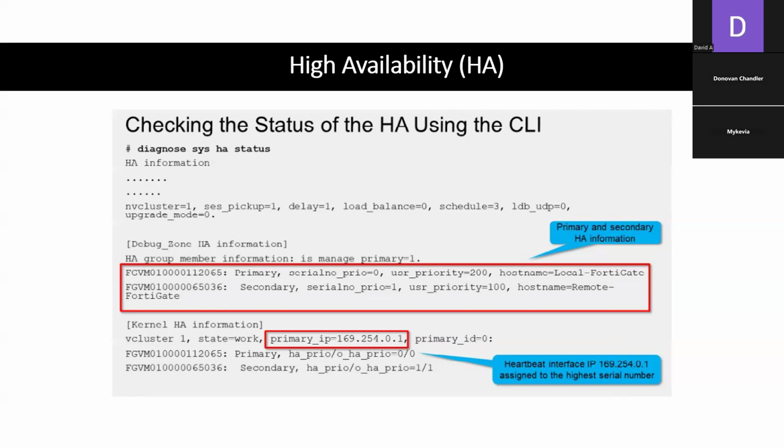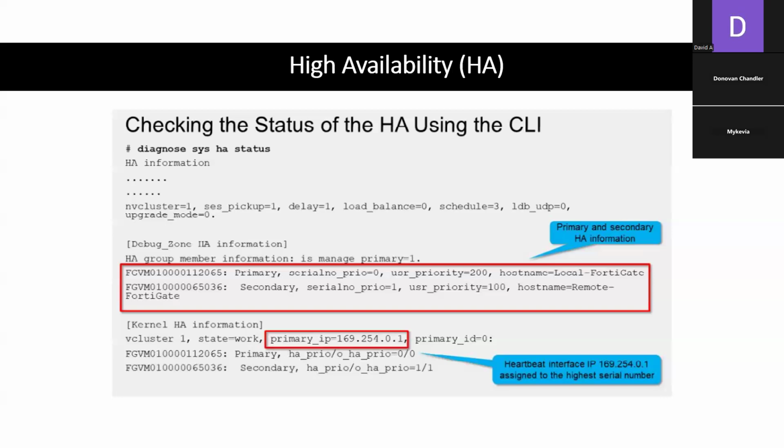A couple of things you would only see in the CLI and not the GUI: of course, we have the serial number, and we have the priority. We have two different priorities: the serial number priority and the user priority. User priority means what you configured as a user on the GUI.